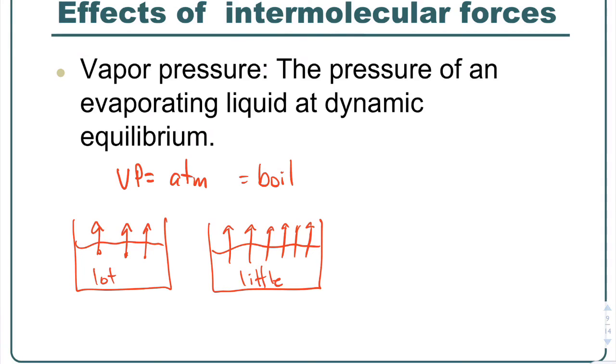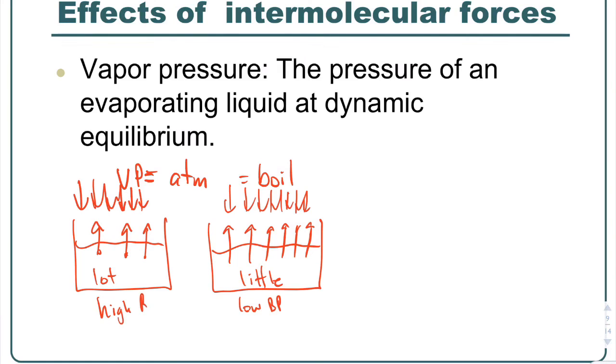So these things have low boiling points, because if the atmosphere is pushing down with a lot of force, something like this is going to be able to match that atmospheric pressure pretty easily. So these have low boiling points, these have high boiling points.